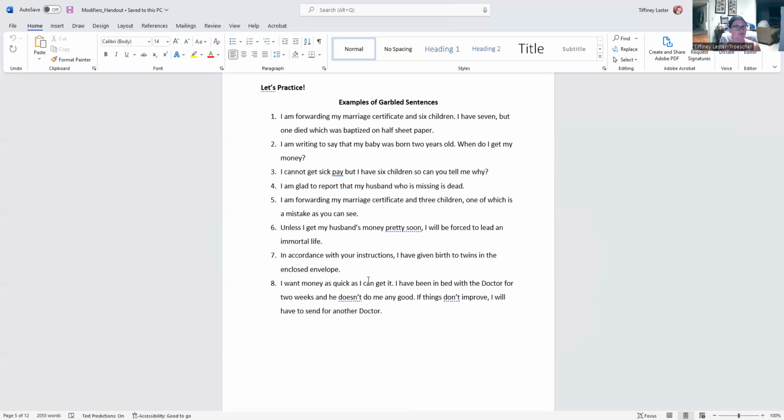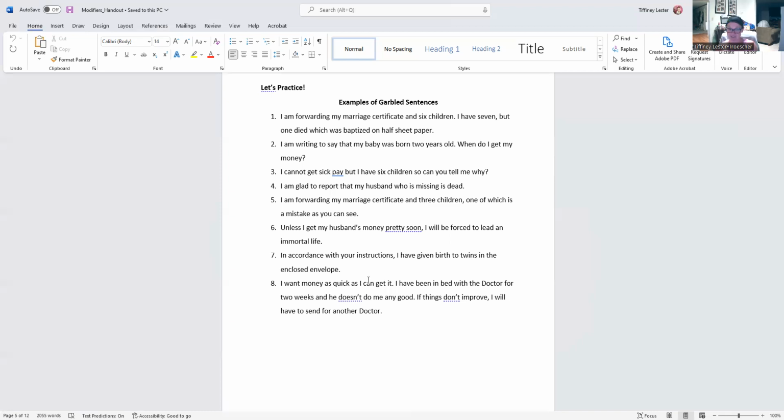I don't think they're forwarding their children. More than likely, they're forwarding the birth certificates of their 6 children. If they're forwarding the marriage certificate, and then right after that, they mention 6 children, it makes sense that what they're really trying to say is, I am forwarding my marriage certificate and the birth certificates of my 6 children.